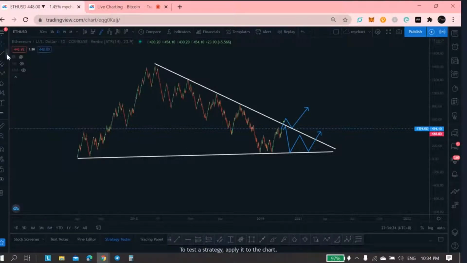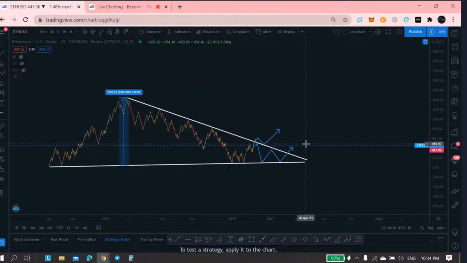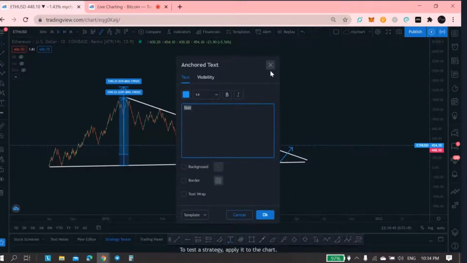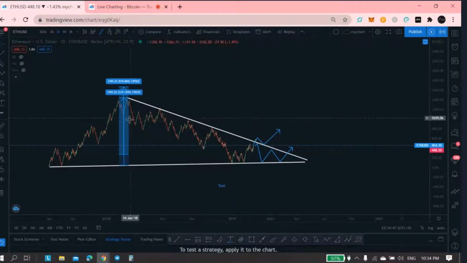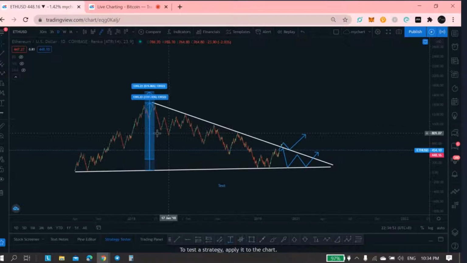So once it breaks out, of course, we will measure the possible targets. Currently, right now, we have two possible options.